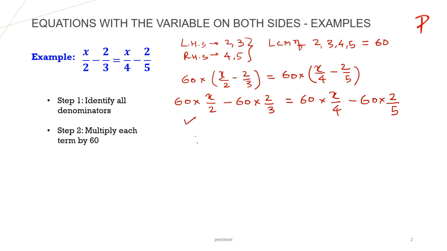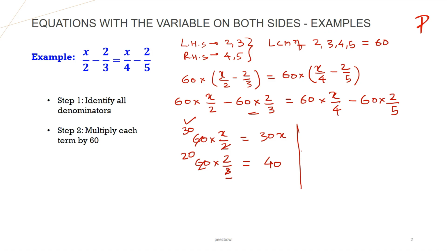First we will take this term, 60 multiplied by x/2. When 60 is divided by 2, we get 30, so this term is 30x. Let us take the second term, 60 multiplied by 2/3. When 60 is divided by 3, we get 20, and 20 multiplied by 2 is 40.